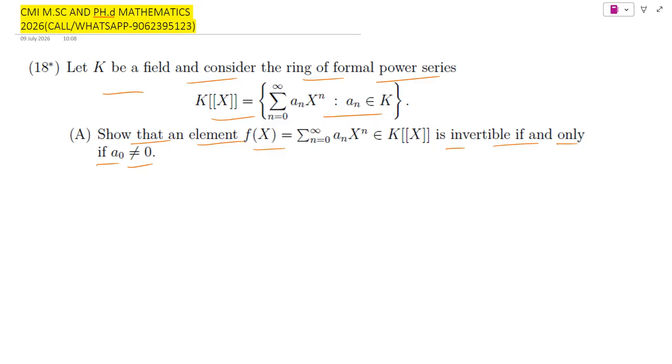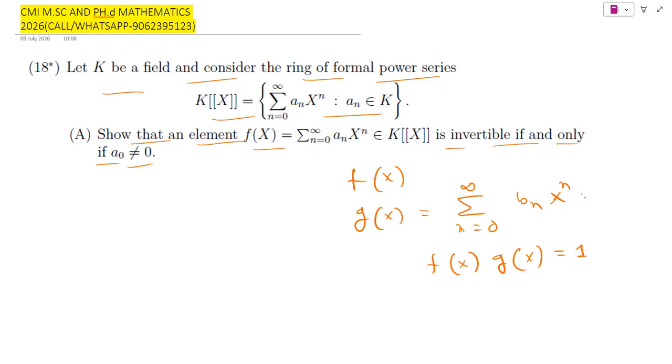Remember that. Okay. Now, what does invertible mean? A series f(x) is invertible if there exists another series g(x) equal to the summation n equals 0 to infinity of bn x to the power n, such that f(x)g(x) is equal to 1.